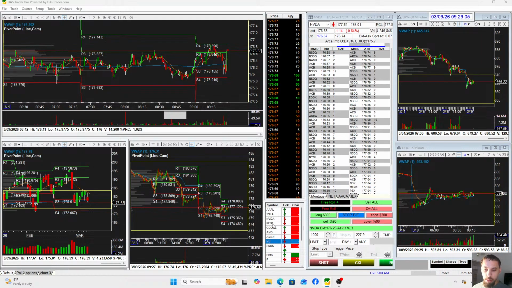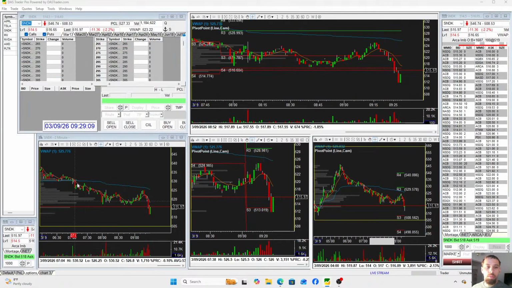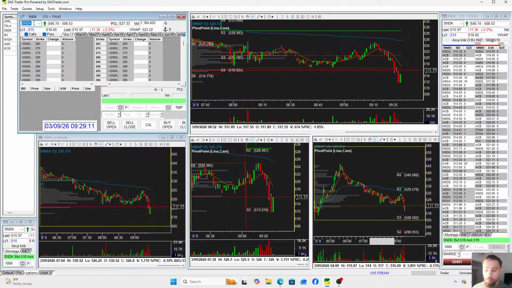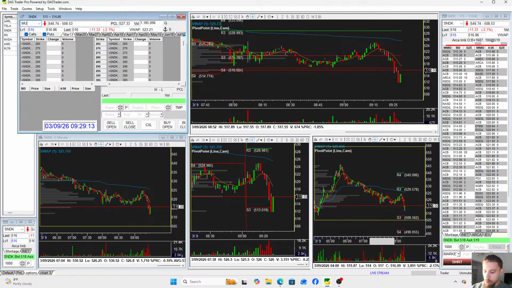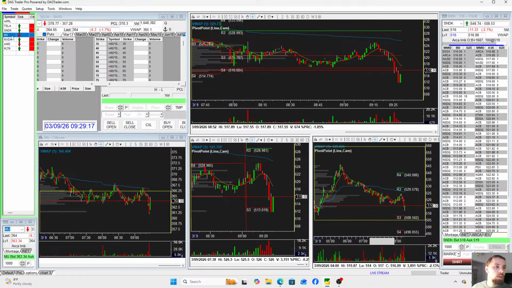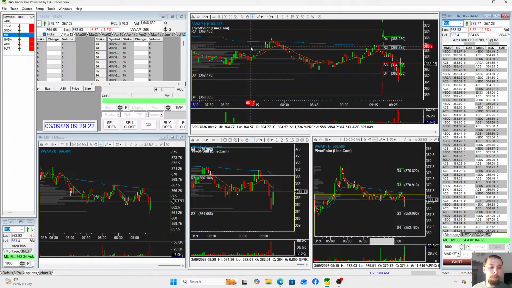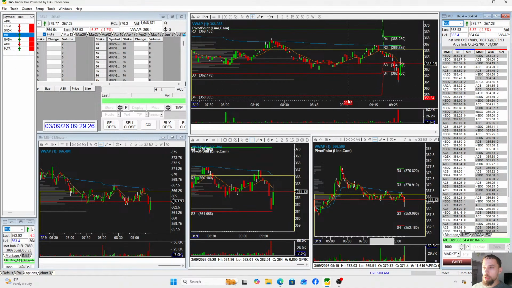So that's going to be the ticker I will be watching. And it is a bit higher price stock. So this screen here is my options page. And so if I do take a trade on MU here, it's going to be an options trade.